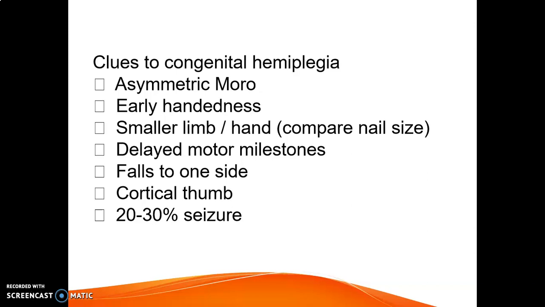In hemiplegia the hand will come flexed: shoulder adducted, elbow flexed, forearm pronated, and wrist flexed, and then the thumb goes into flexion. That is called cortical thumb. 20 to 30% of children will have seizures.